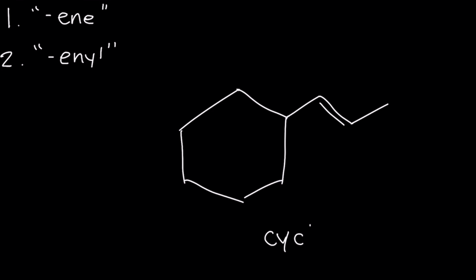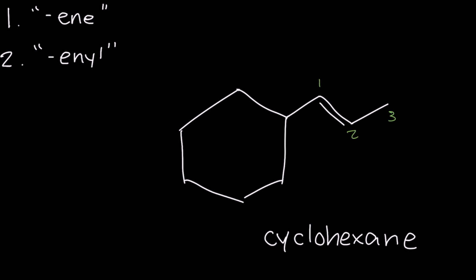So I just put that as my base. Cyclohexane. And because there's only one substituent, I'm just going to assume that it's on the carbon 1. So I don't have to specify 1 cyclohexane.